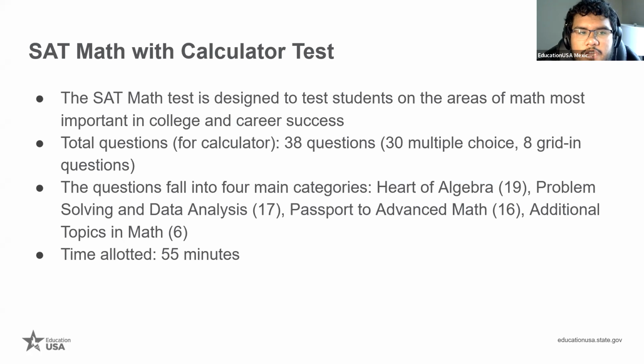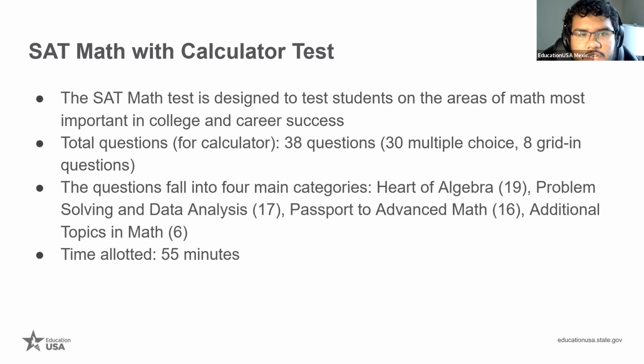Now, specifically for the SAT math with calculator, there are a total of 38 questions, 30 of which are multiple choice, meaning you'll get choices of answers to pick, and then 8 are grid-in questions, which means you have to write down your answer rather than select a choice.